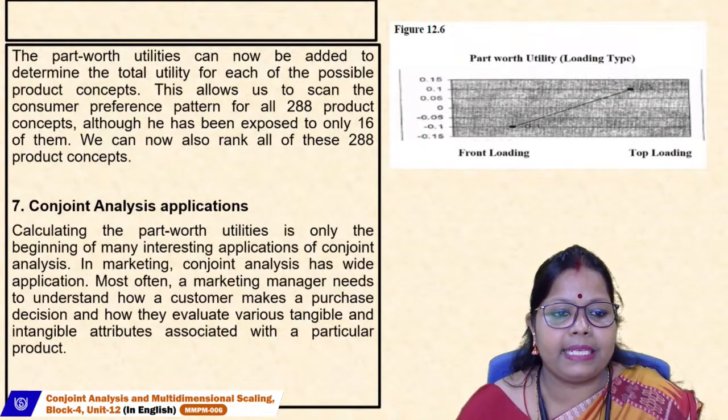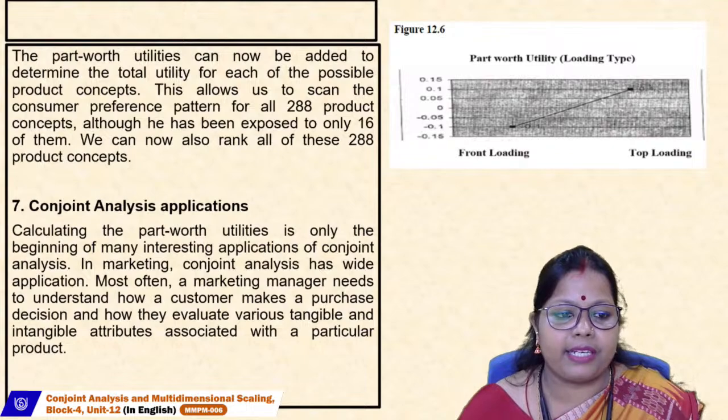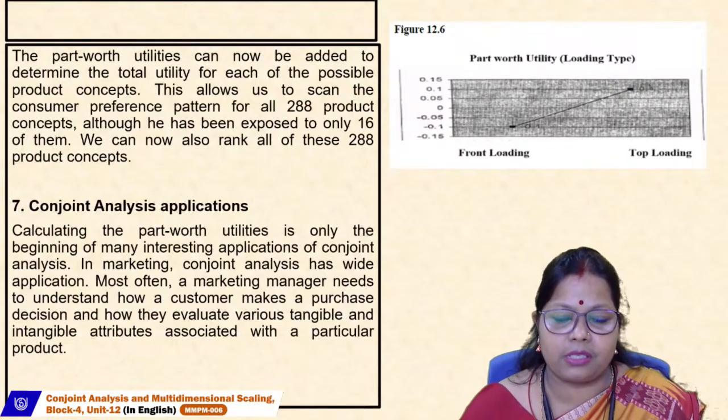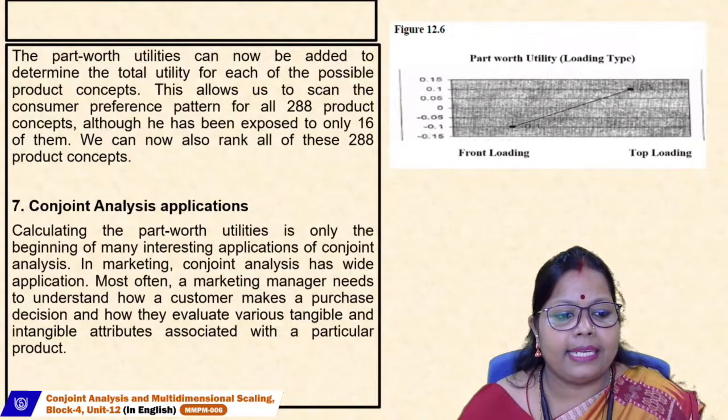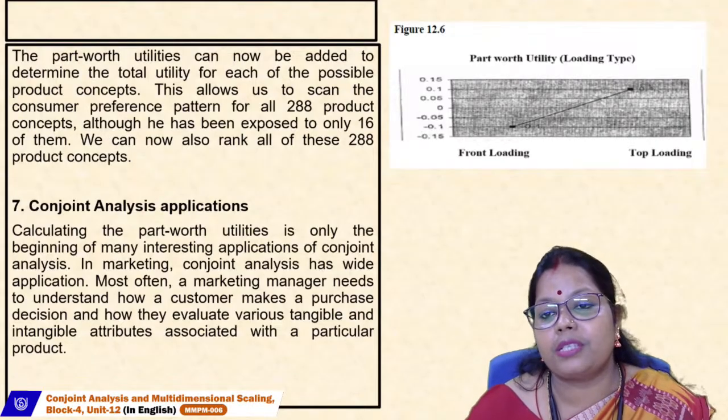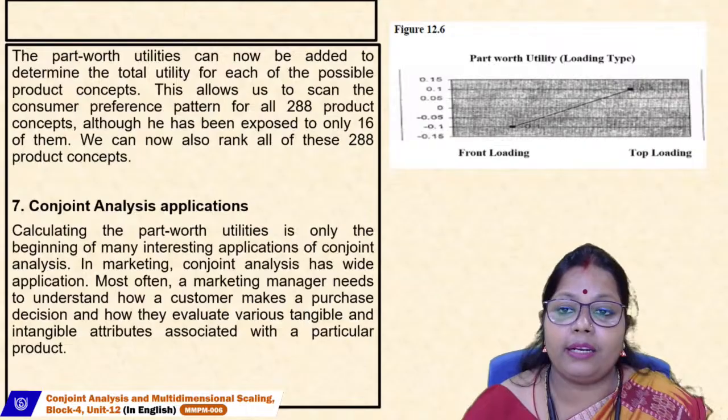is only the beginning of many interesting applications of conjoint analysis. In marketing, conjoint analysis has wide application. A marketing manager needs to understand how a consumer makes a purchase decision and how they evaluate various tangible and intangible attributes associated with a particular product.